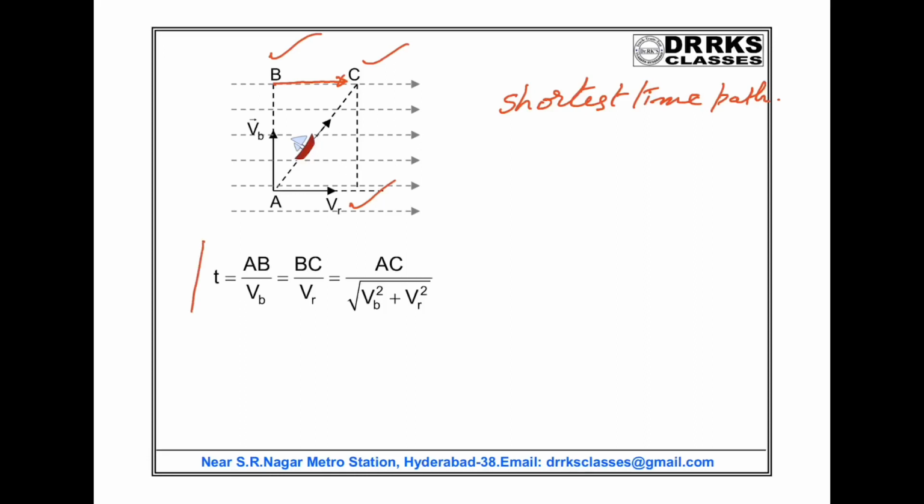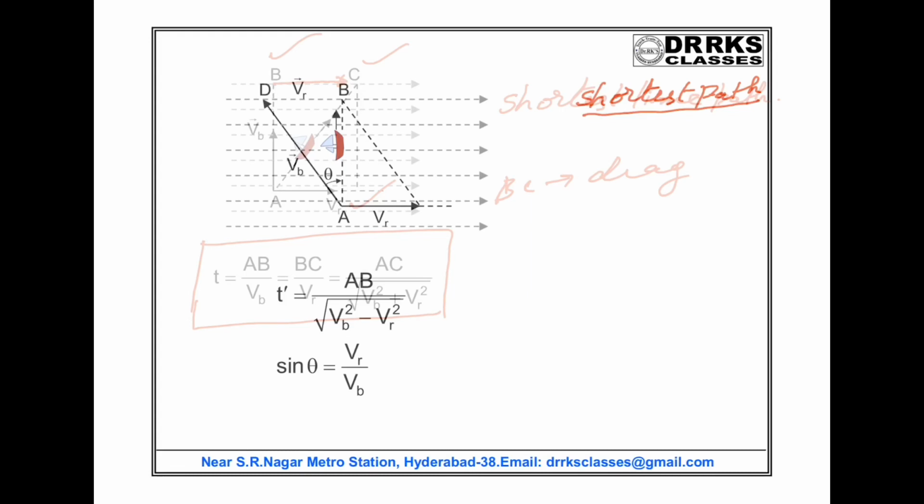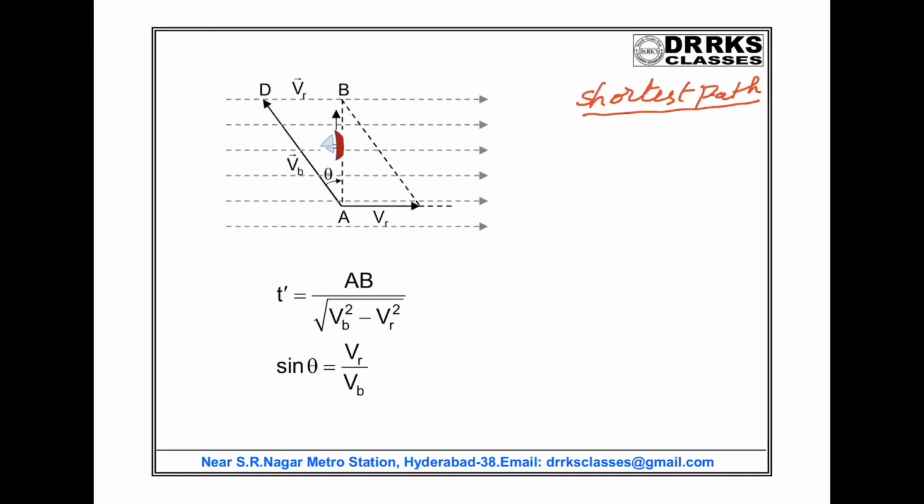After time t = AB/VB, which is equal to BC/VR, which is equal to AC/√(VB² + VR²). Here BC is called water drag. If he wants to reach the point B, he has to target a point D so that the resultant of VB and VR is along AB.